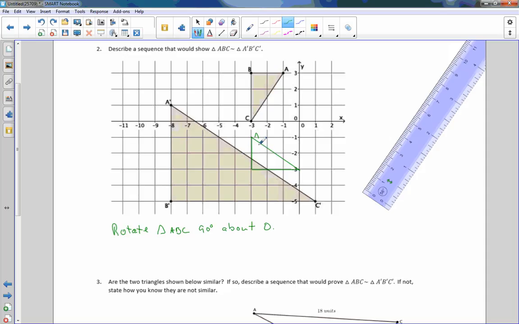So let's not worry about calling it A prime, B prime, C prime. Let's just call it A. Now B would end up here and C would end up here. Okay, so now what points are those? Well, A is at -3, -1. C is at 0, -3, and B is at -3, -3.